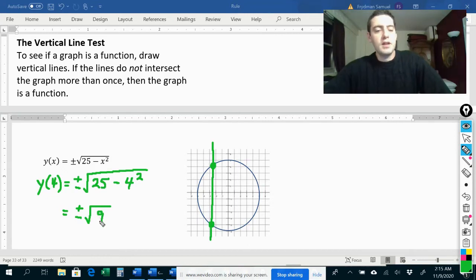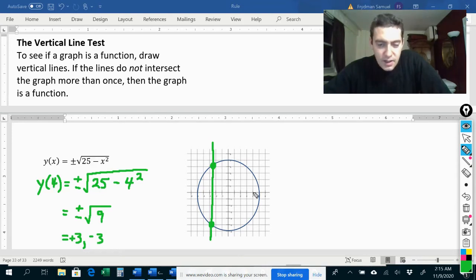So the square root of 9 is 3, but we're going to take positive 3 and negative 3. So we have two outputs here, positive 3. Well, you don't always write the positive symbol, but I'll just put it out there. So positive 3 and negative 3. So for this one input of 4, we got two outputs, positive and negative 3.